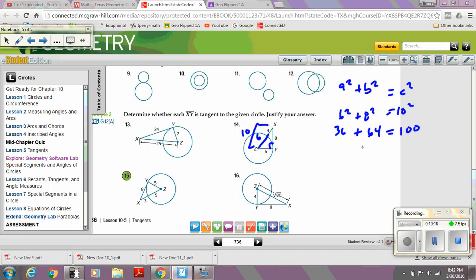Combine 36 with 64, you get 100. And yes, 100 does equal 100. So since I proved Pythagorean's theorem, I have proved that yes, xy is tangent to circle Z.